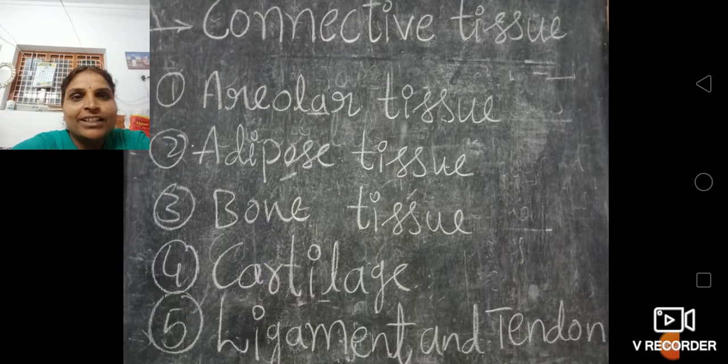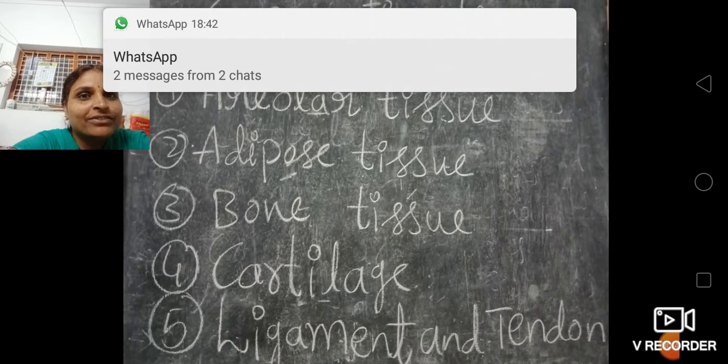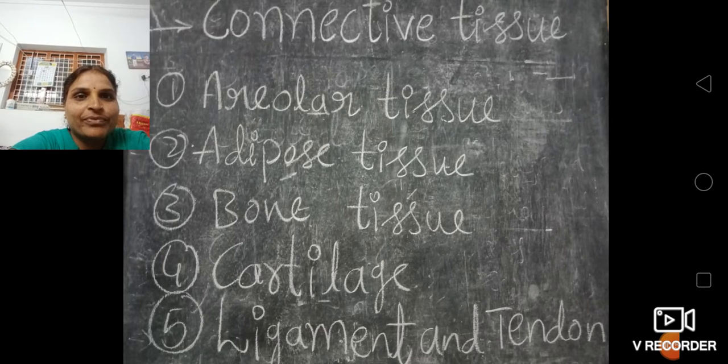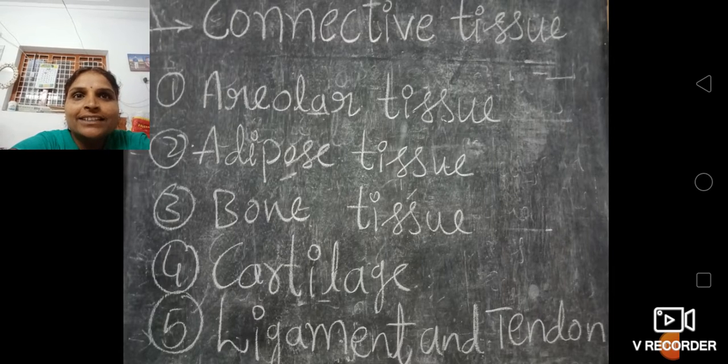Now we will discuss the functions of connective tissue. What is the function of connective tissue? Binding the other tissues and organs, and providing a framework and support to various organs in the body.